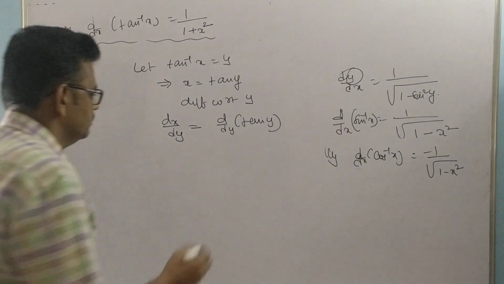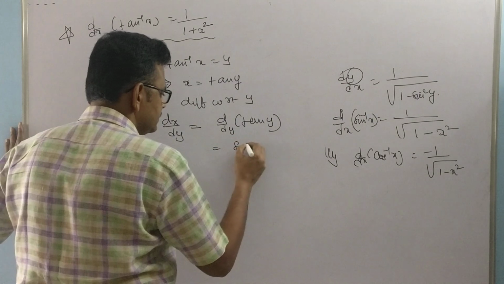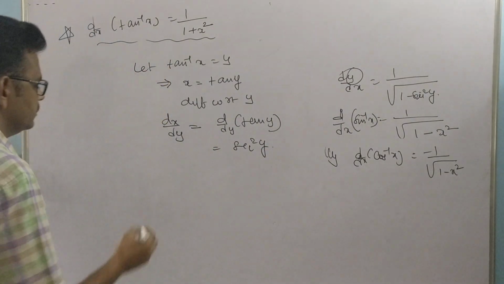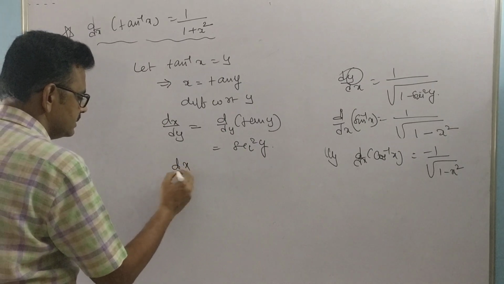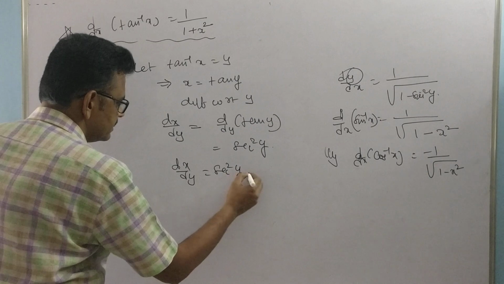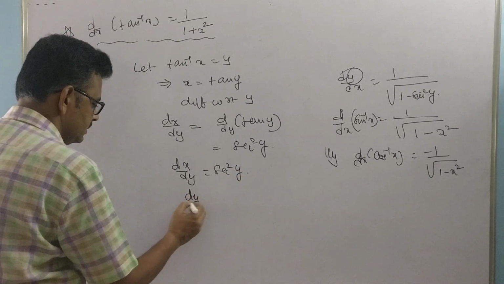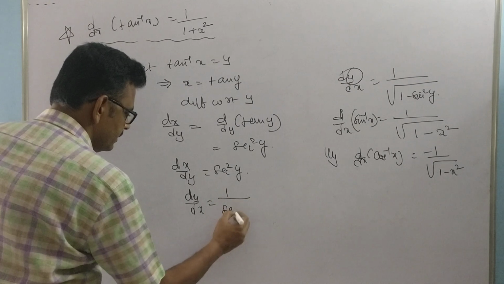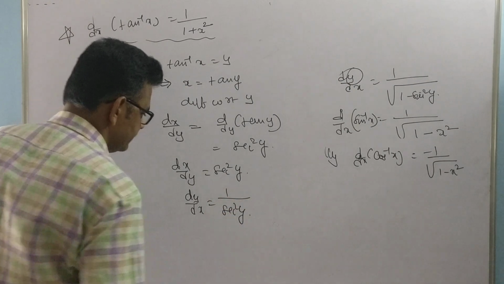Now, derivative of tan y is what? Secant square y. So, dx by dy is equal to secant square y. So, dy by dx equal to 1 by secant square y.